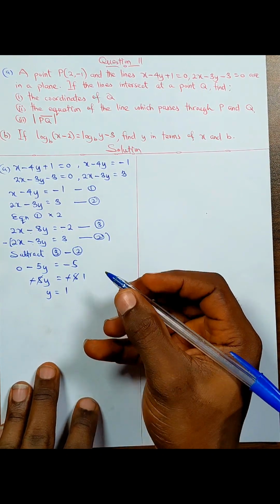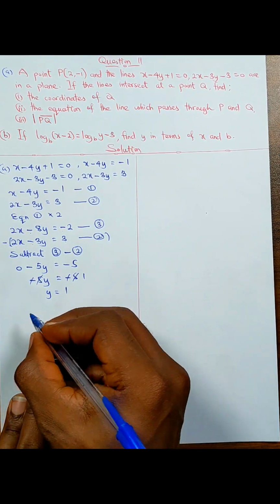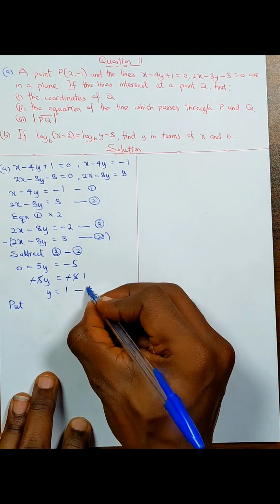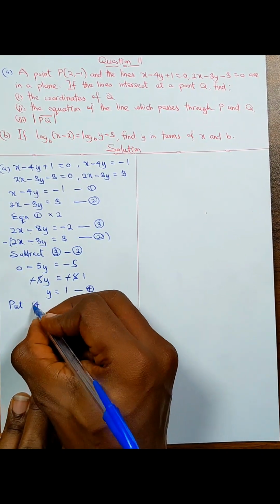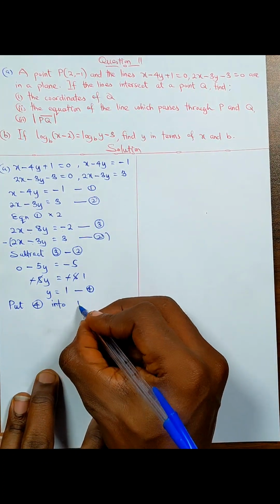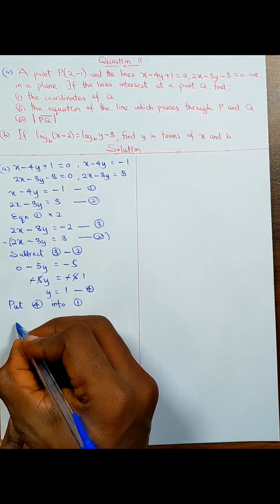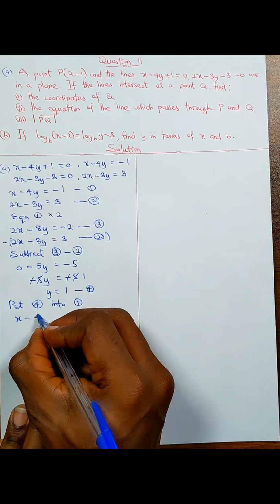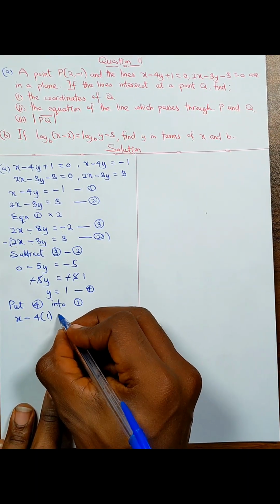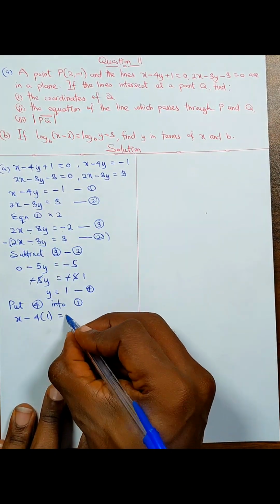Now that we know the value of y, I'll label this as equation 4 and put equation 4 into the original equation 1. So I get x - 4y, but now our y is 1, equal to -1.